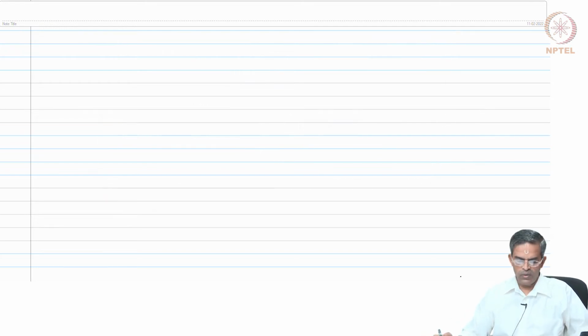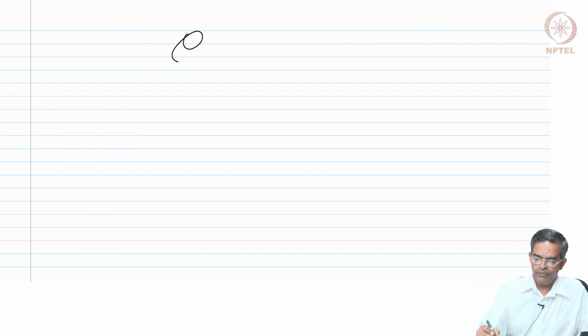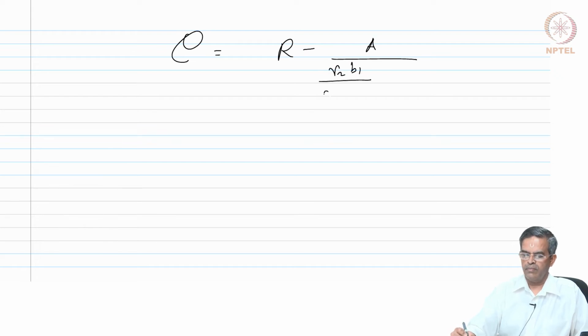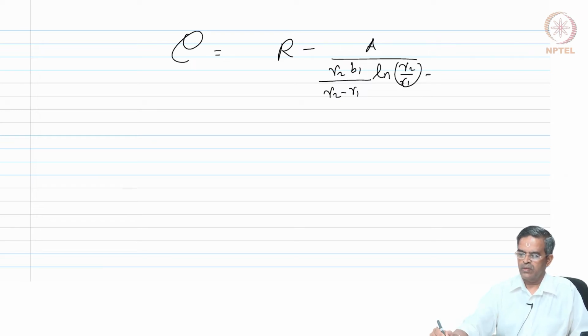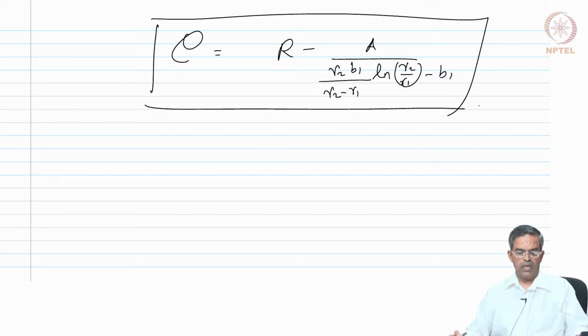Once I have an M value, I can find an E value using this relationship, R minus A by R2 B1 by R2 minus R1 ln R2 by R1 minus B1. That is my E value to locate the neutral axis. Okay.